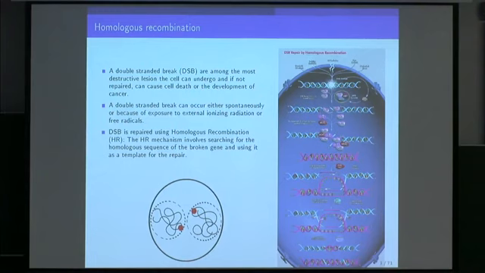Once it's found it, it's going to do what's called a strand invasion, use it as a template for repair, and dissociate again. People think that the rate-limiting step for this process is the search, and so that's what we're going to be interested in: how the cell manages to do an efficient search for this homologous template.